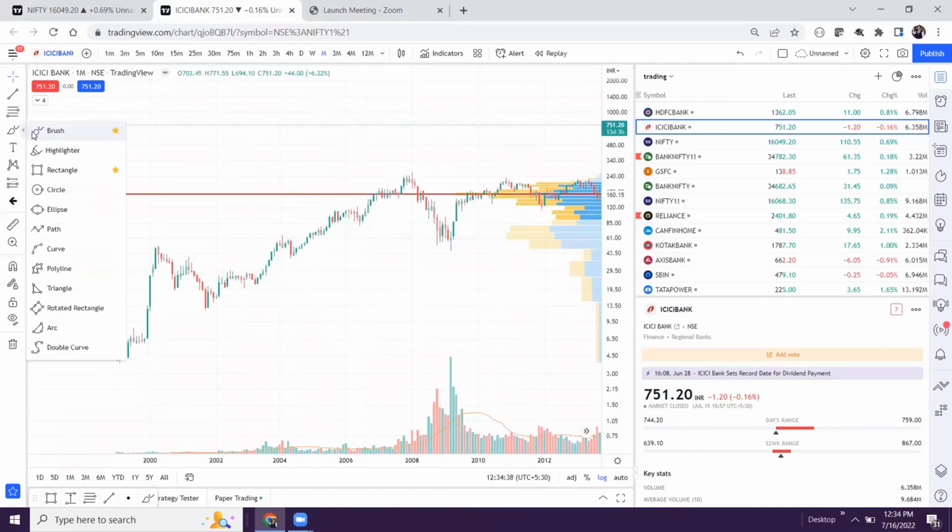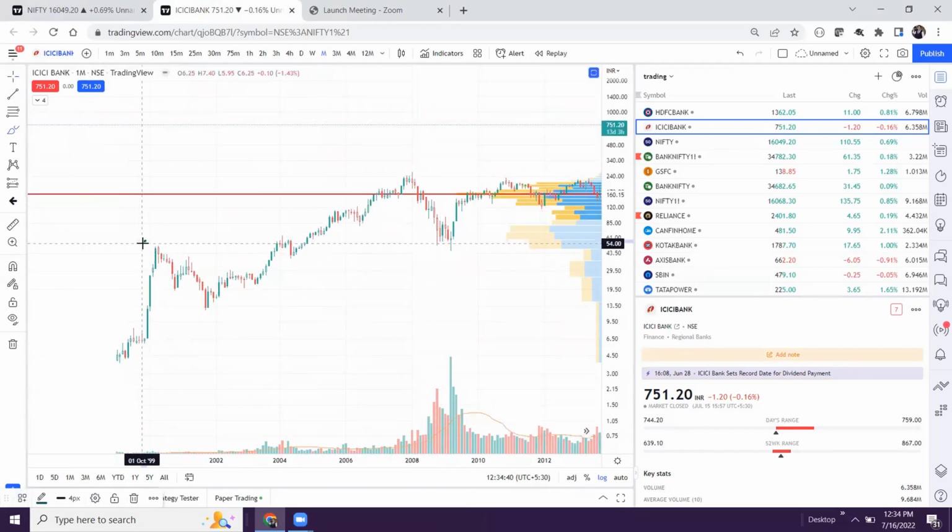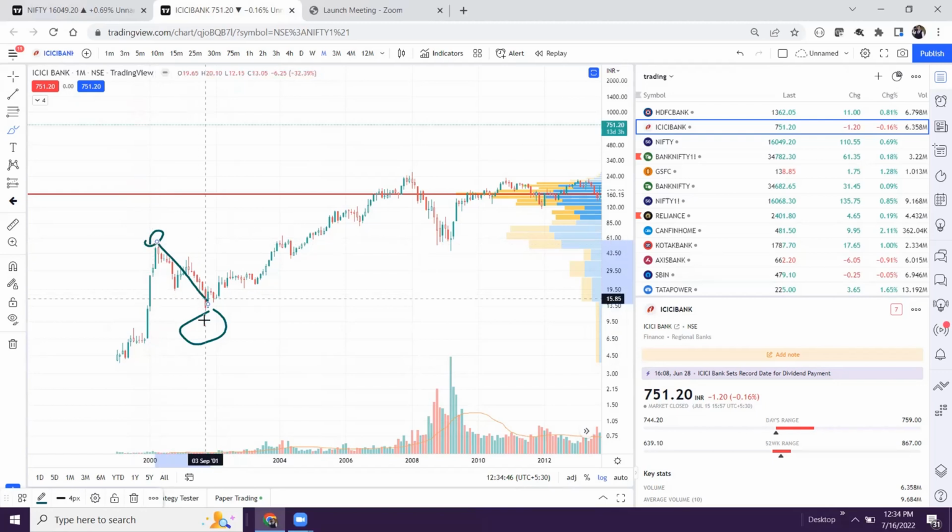Let us see. So now this is one high and this is a low, this is a low and this is the high, right? So when this high is crossed, it means the stock is in an uptrend now, because this high is greater than this high.